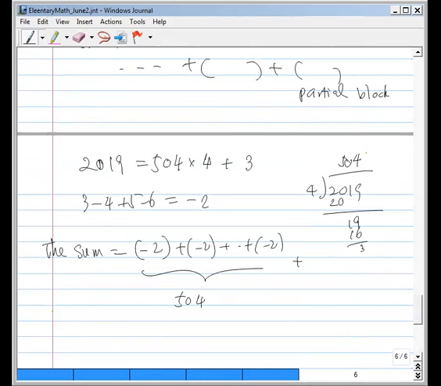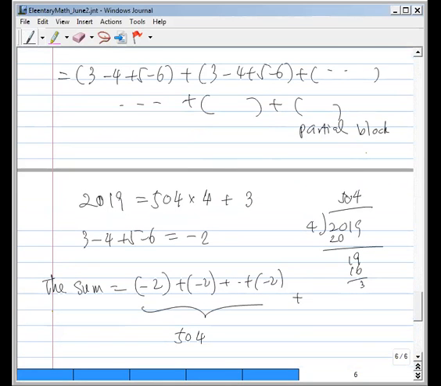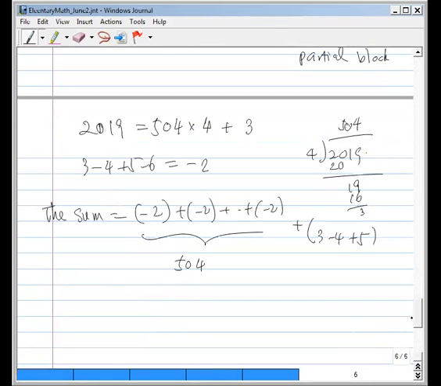And plus the last partial block, 3 numbers there: 3, -4, plus 5. So you get -2 times 504, plus 4.